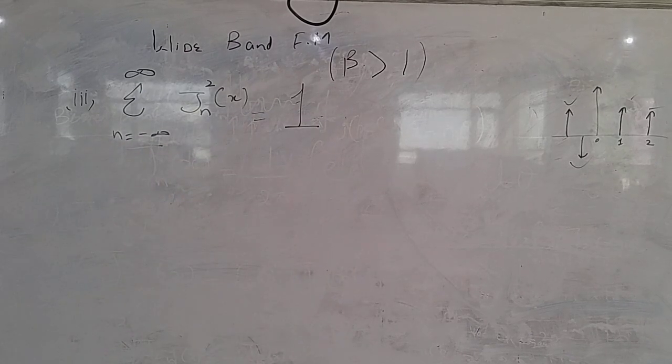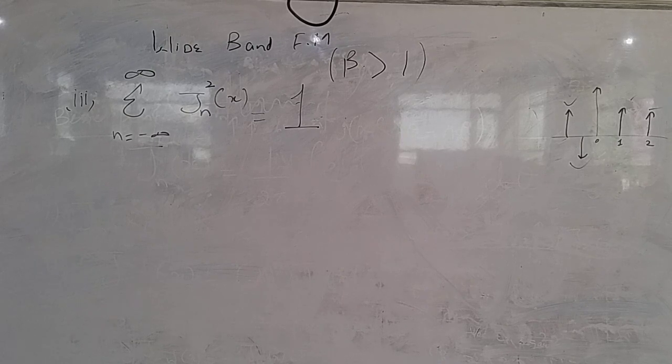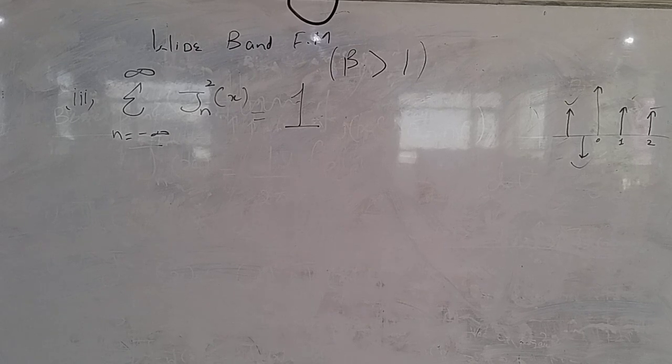Important point, right? A point for objective also, a point for why also. That summation of Jn square is equal to 1.